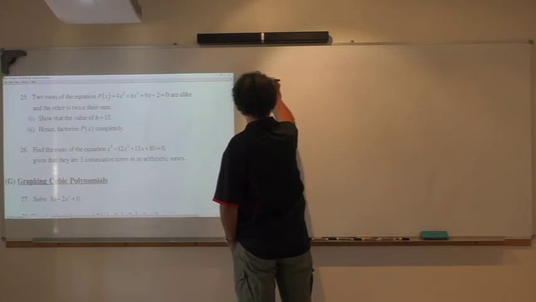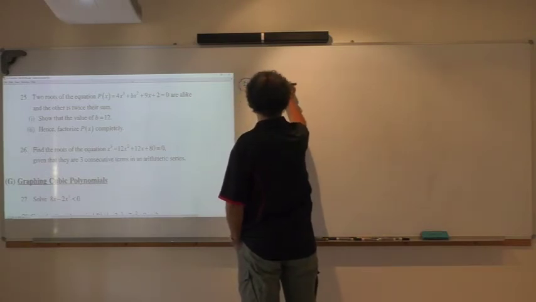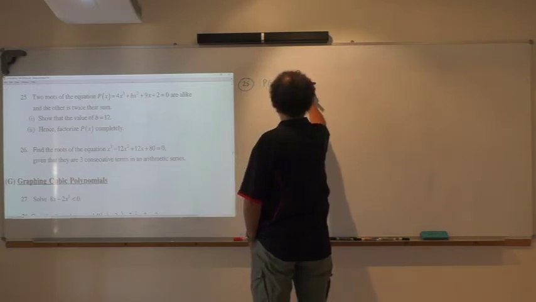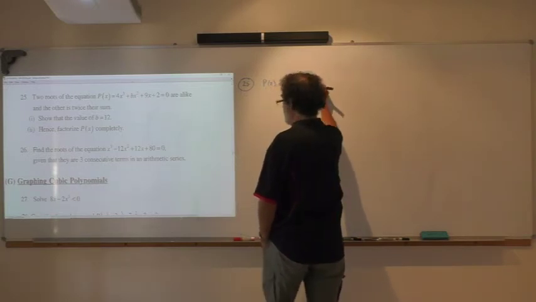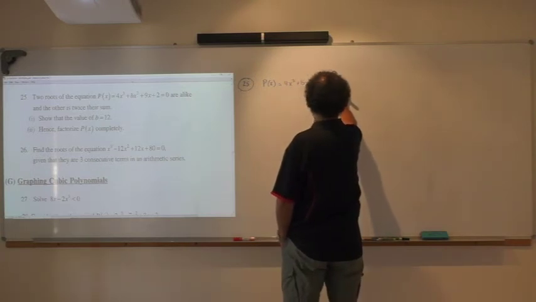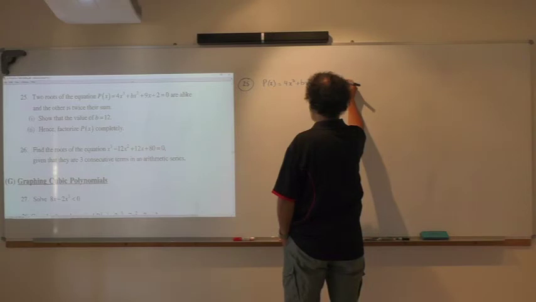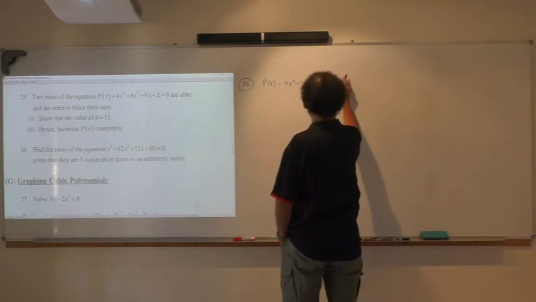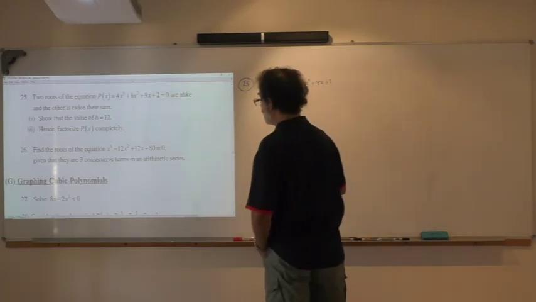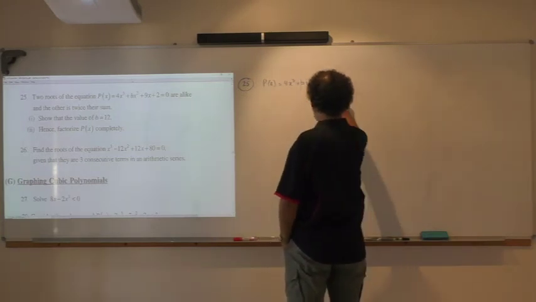So P of x is equal to 4x cubed plus bx squared plus 9x plus 2 equal 0. We know that that is a polynomial equation.